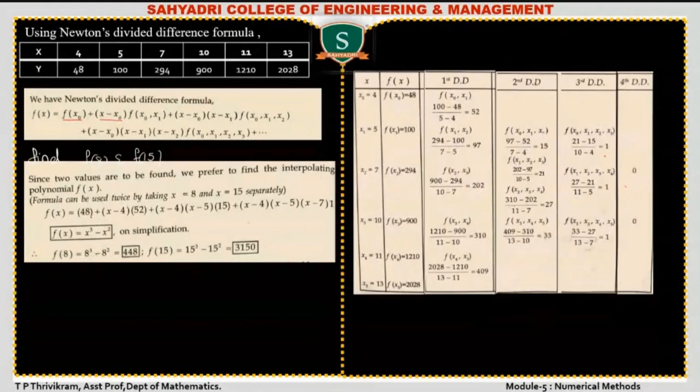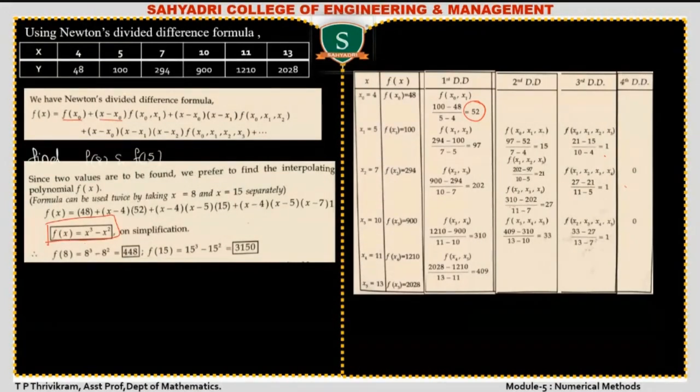The first number is f of x0, that is 48, plus x minus x0, x minus 4, into the first order difference, which is 52. Next, x minus 4 into x minus 5 into 15. So like that you will get it. Once you get the polynomial here, if you simplify this, you will get this much.